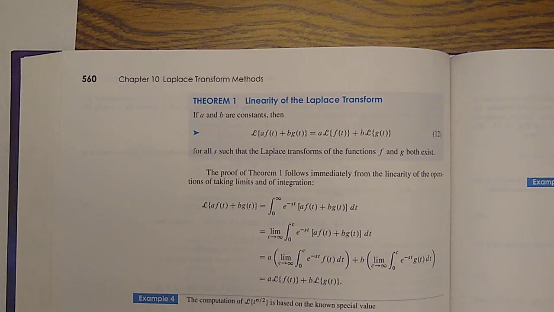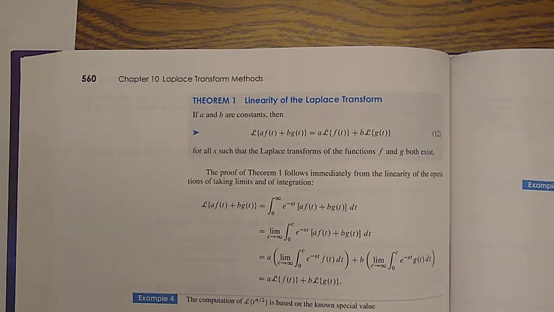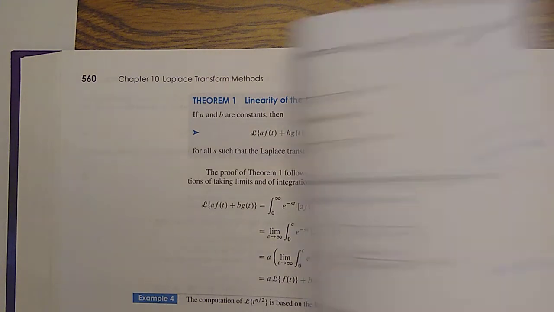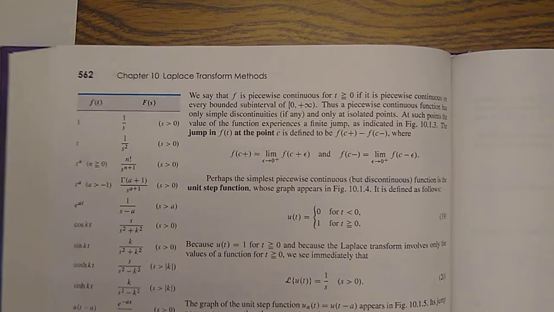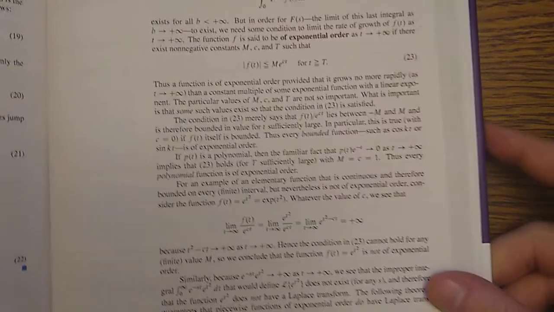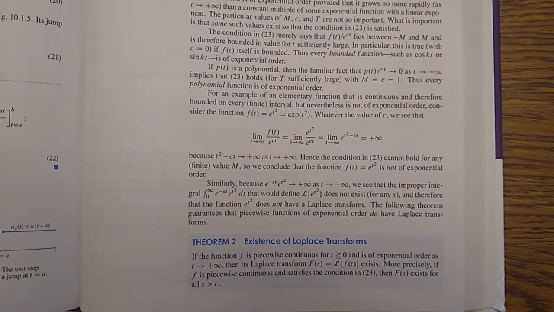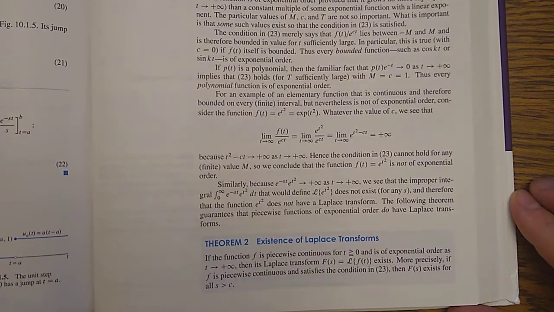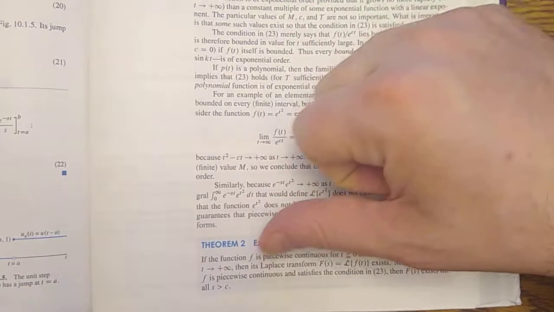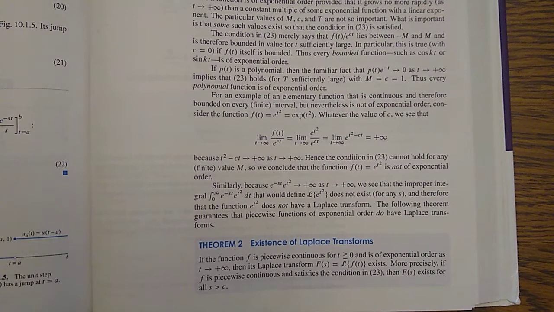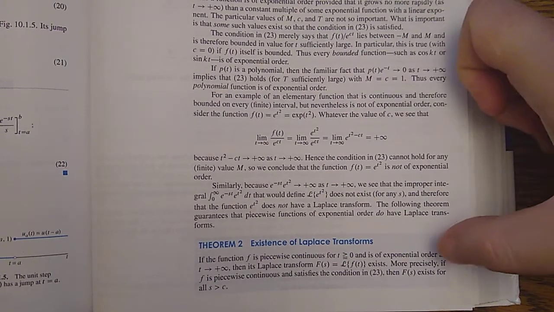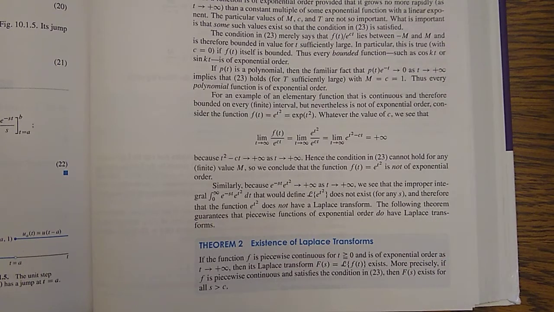There's also mathematical questions about whether these things exist, like do Laplace transforms exist? And without getting too deep into it, the answer is, as far as we're concerned, yes. More specifically, there is Theorem 2 in the book, which basically says that if f is piecewise continuous and of exponential order, meaning that the rate of growth is at most exponential, roughly speaking.